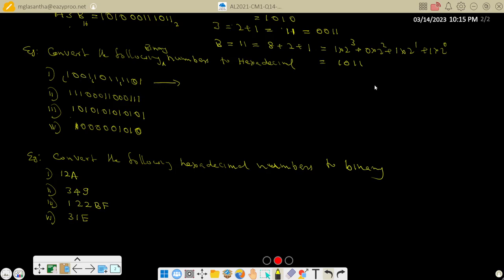What is this? 101. If you separate into bundles like this, first one is 1001. Second one is 1011. Next bundle is 11101. Is it clear? Yes, sir. What is this one?